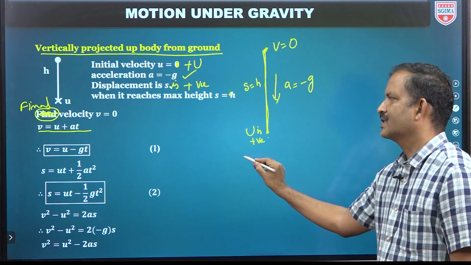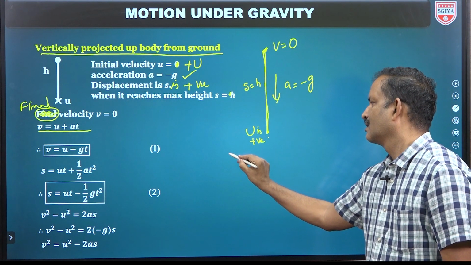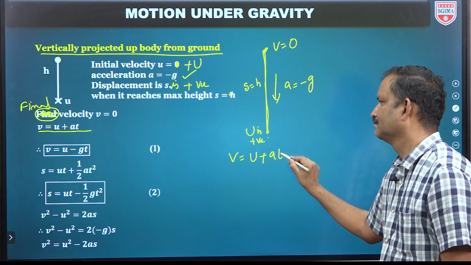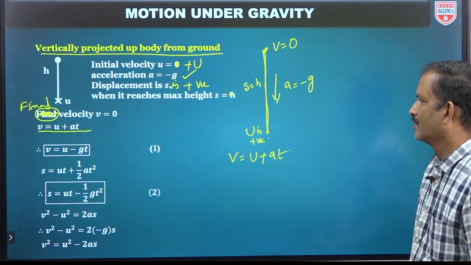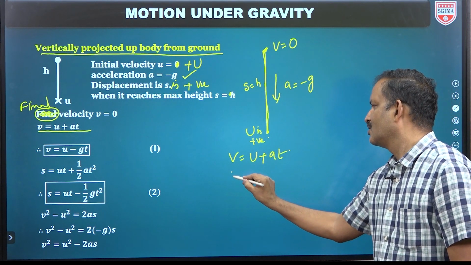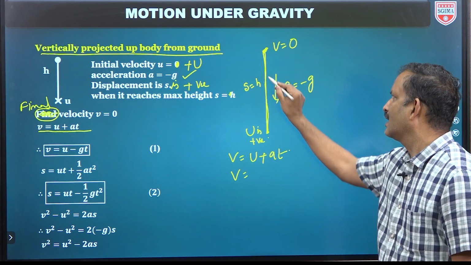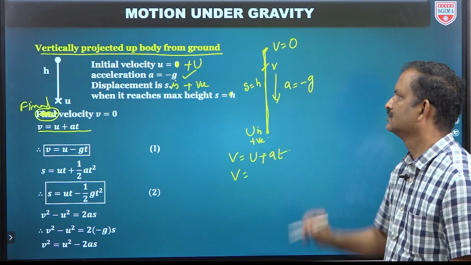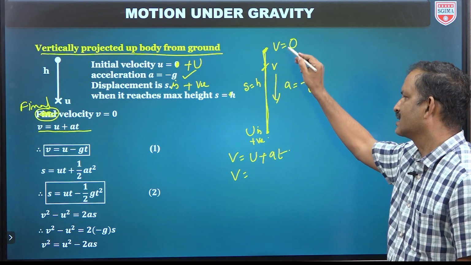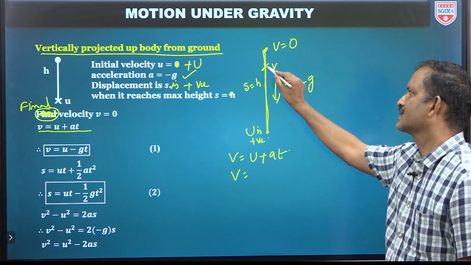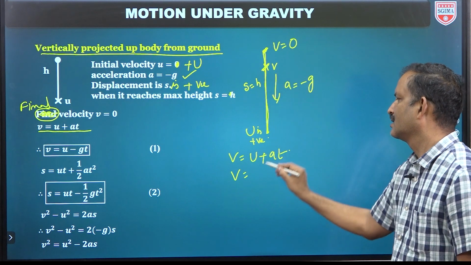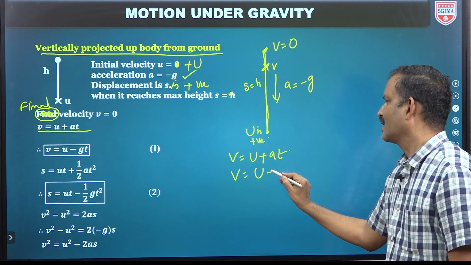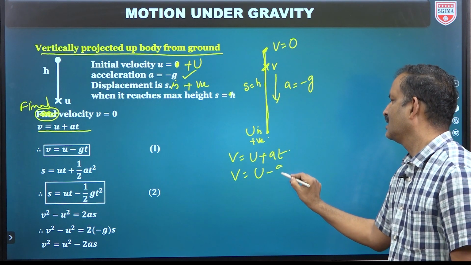Now I am writing the first equation. We have v is equal to u plus at. So, suppose it reaches this point in t seconds, v equal to u minus g into t.